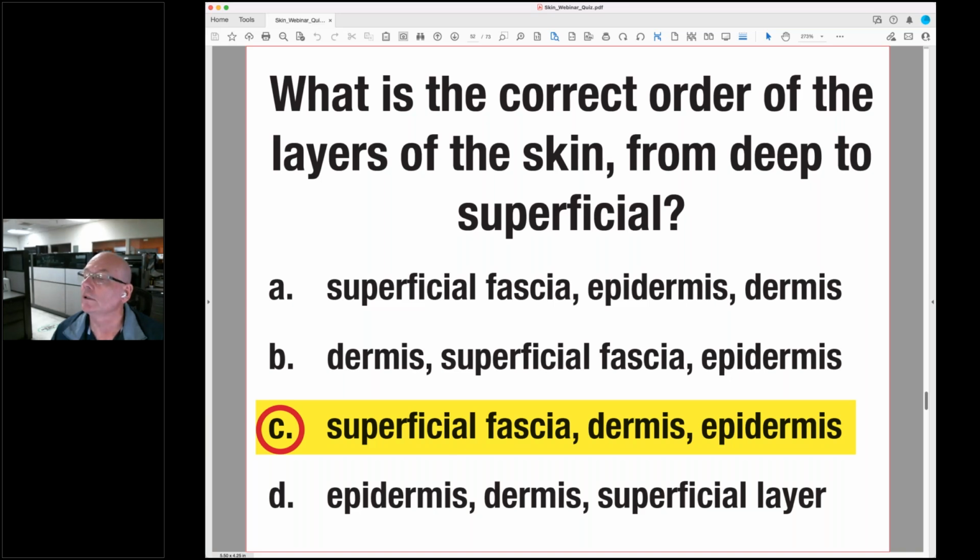Yeah, I would say hypodermis, but hypodermis isn't listed here. The superficial fascia would be kind of within the hypodermis.